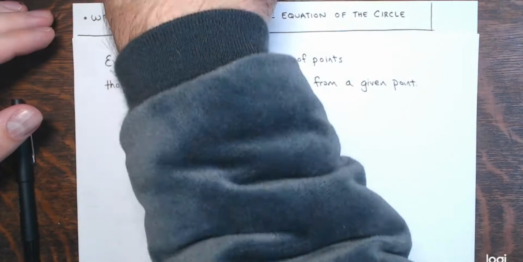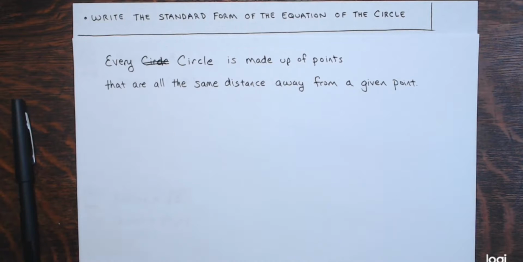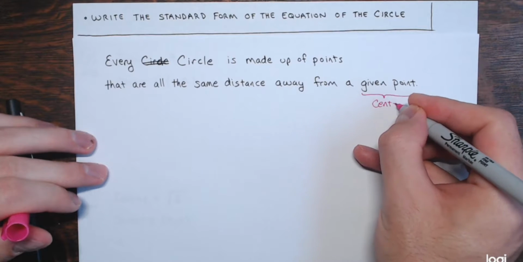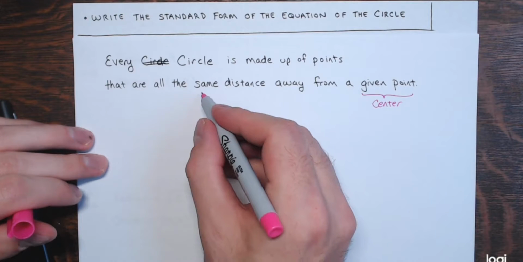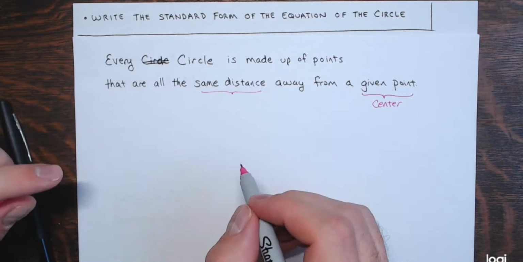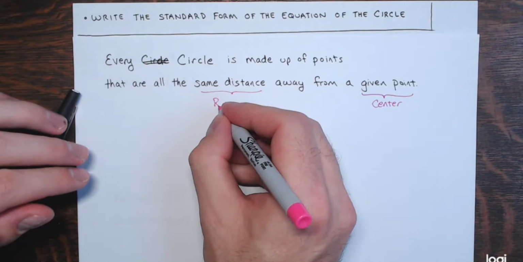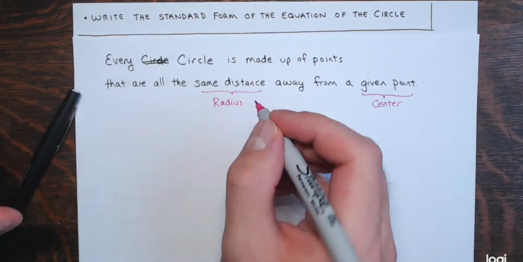This given point is called the center of the circle, and this distance that all the points on the circle are away from the center, that's called the radius of the circle.